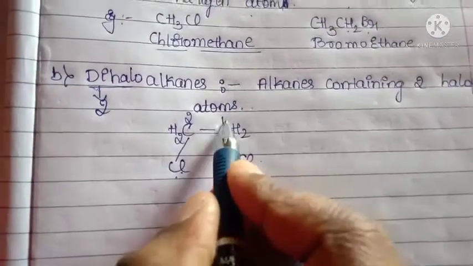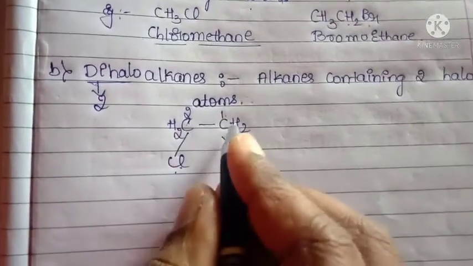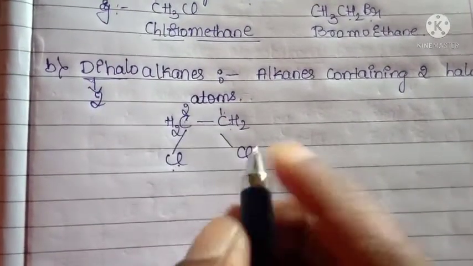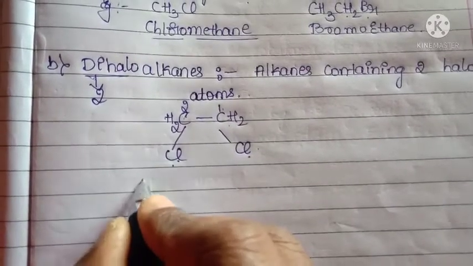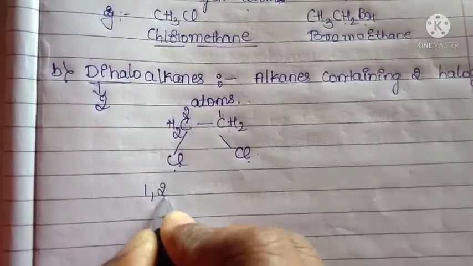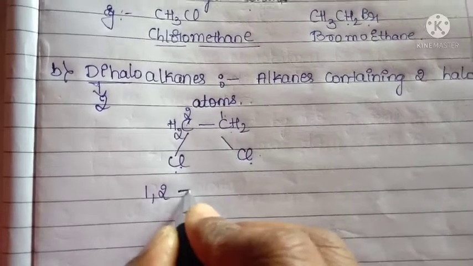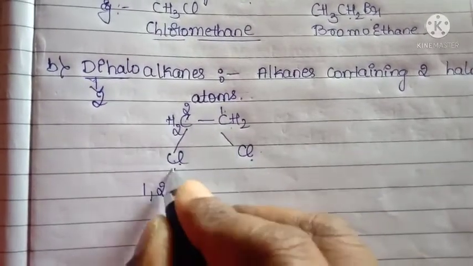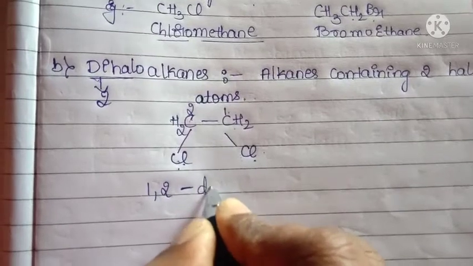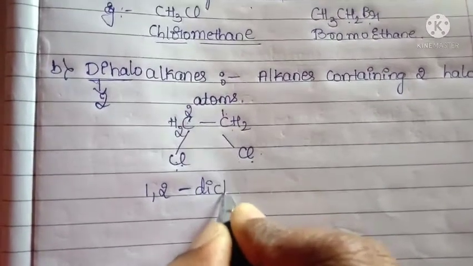So 1, 2, we have to write both, because both carbon atoms are attached to chlorine atoms. 1,2-dichloro. How many halogen atoms are there? 2 halogen atoms, so that's why dichloro.